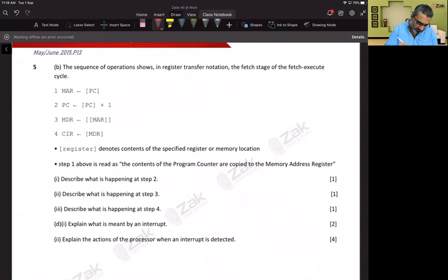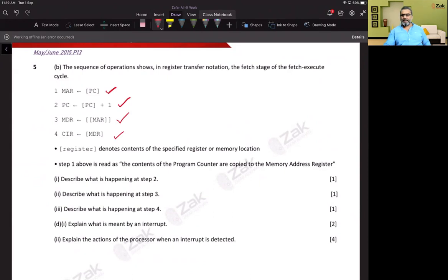MAR receives the data from PC, and then MDR receives the instruction. The instruction from MDR goes to CIR, and then PC increments itself by 1. And here what they have done is that as soon as the data from PC moves to MAR, PC increments itself by 1, MDR receives the instruction, and then the CIR receives the instruction from MDR.